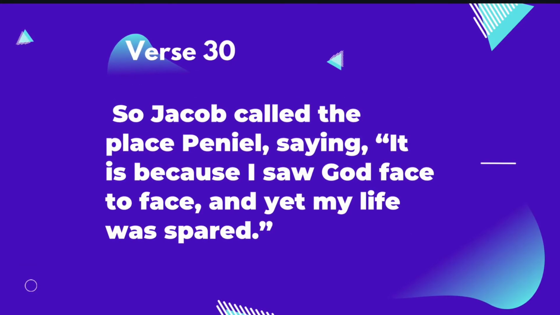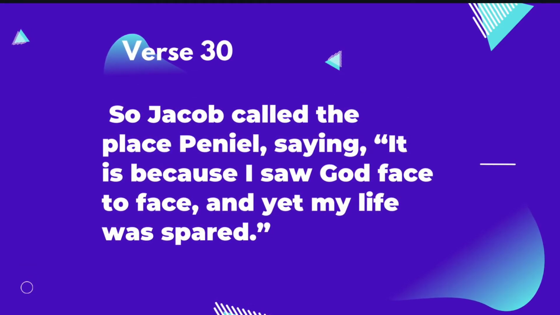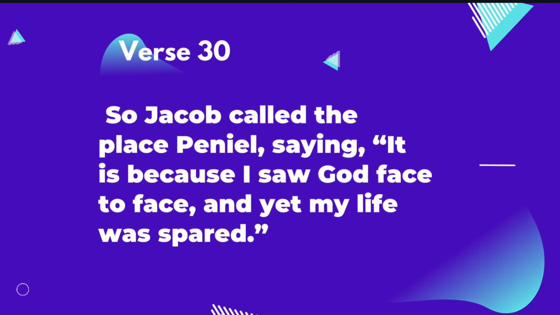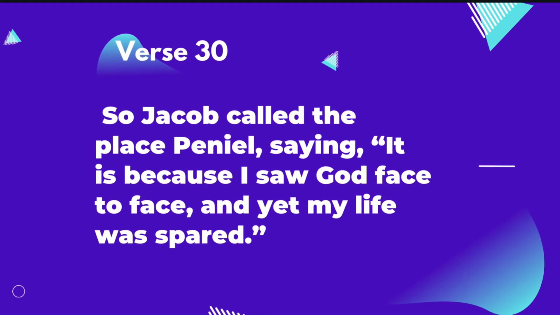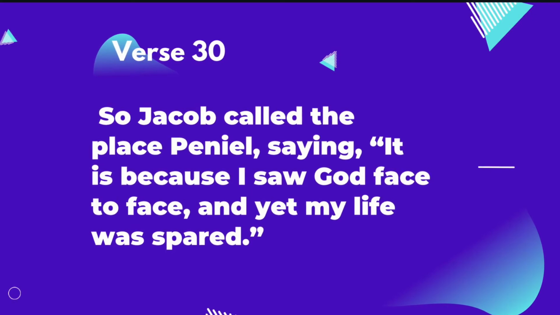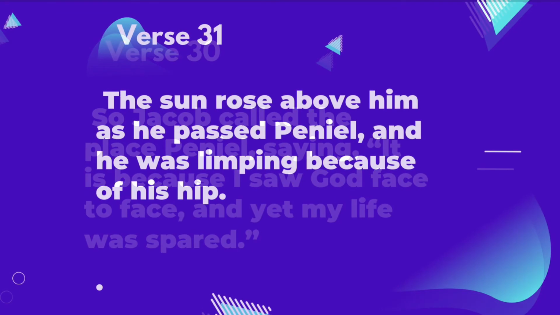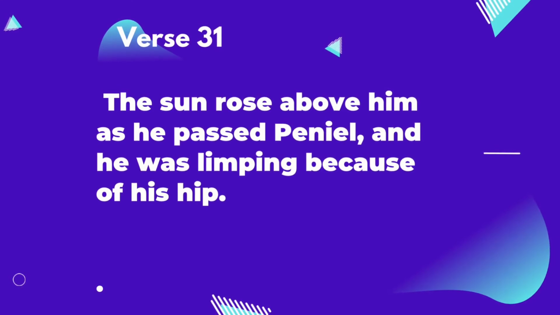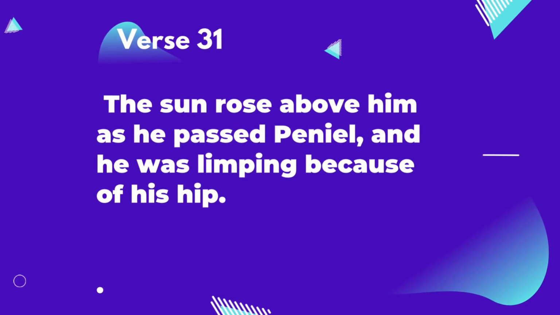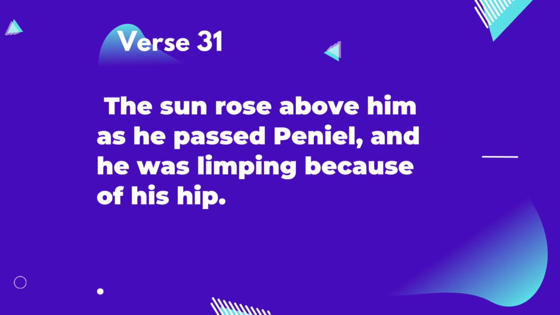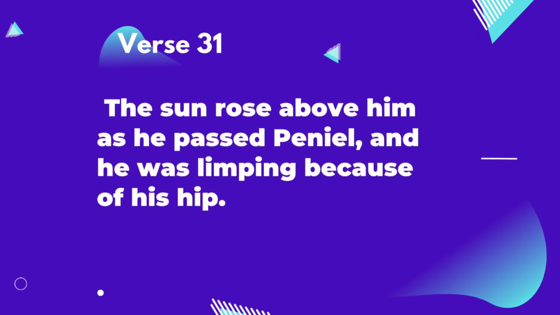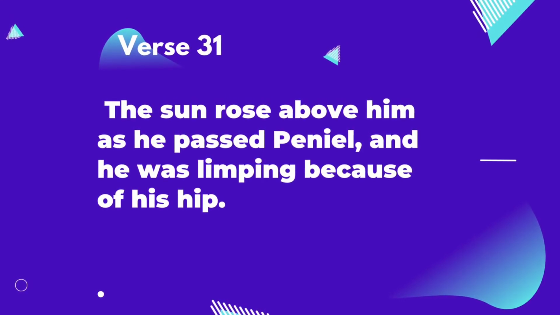Verse 30. So Jacob called the place Peniel, saying, "It is because I saw God face to face, and yet my life was spared." Verse 31. The sun rose above him as he passed Peniel, and he was limping because of his hip.